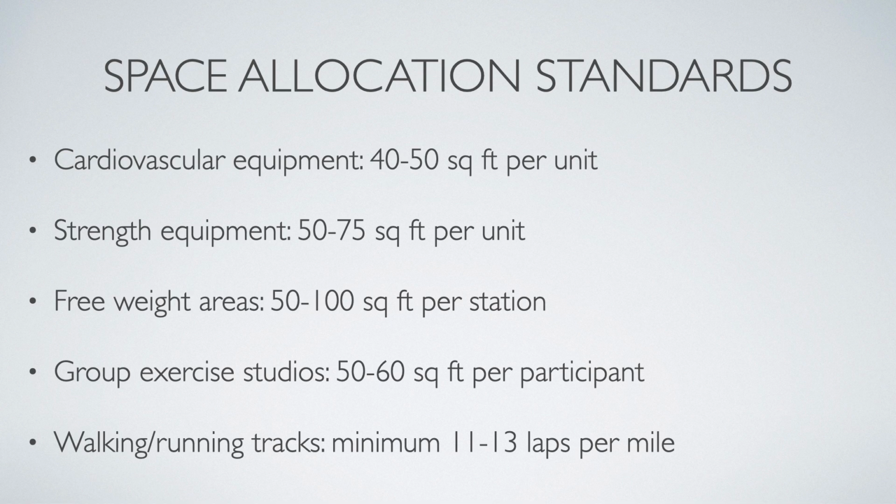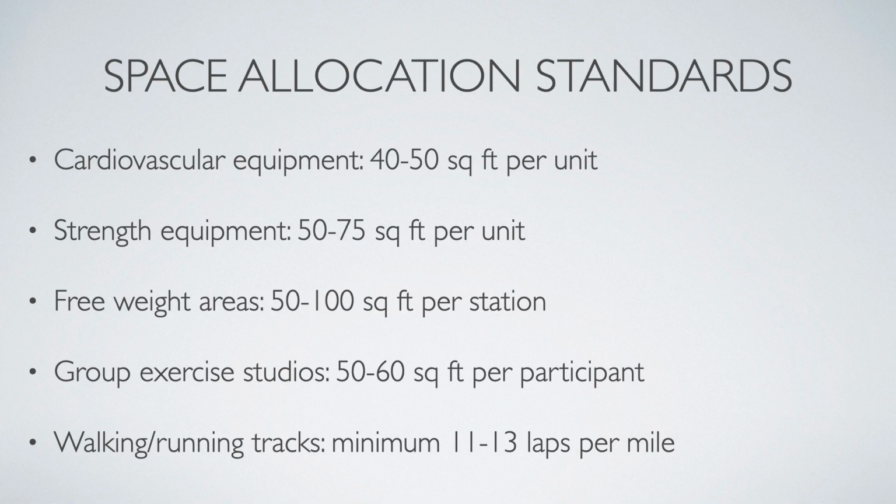Some space allocation standards. With our cardiovascular equipment, we want to make sure that we have 40 to 50 square feet per unit. That would be your treadmills, stair steppers, cycling equipment, all those types of things. 40 to 50 square feet per unit.